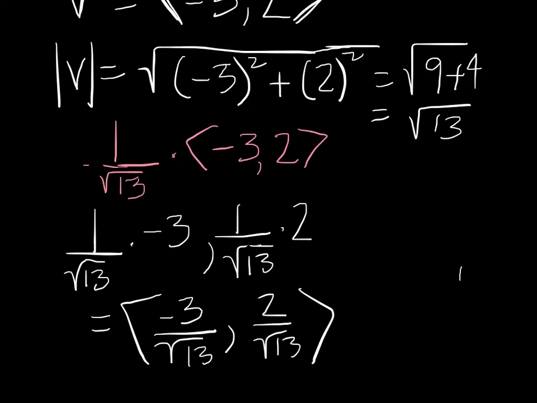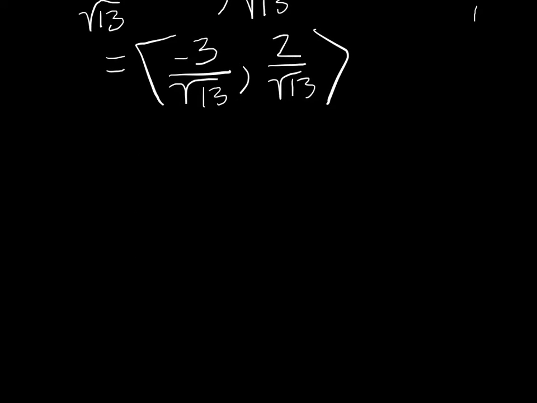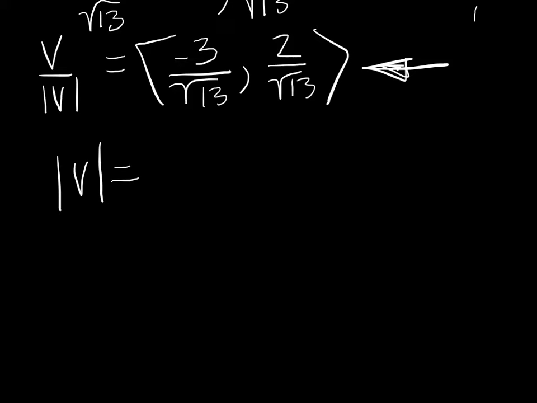Same vector, different form. Now, what it wants us to do is verify that the magnitude, or the length, of this vector is 1. So again, I'm going to find the magnitude of this vector, which means I'm going to use that equation.